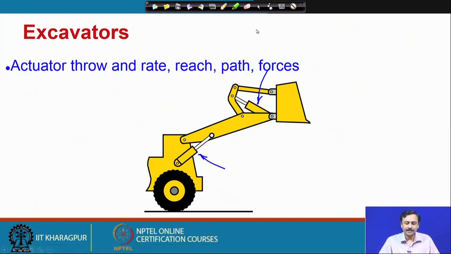So, what are the things that are relevant? The actuator throw and rate, of course. How much should the actuator expand or move, so that, for example, I can take the bin maybe to this configuration.